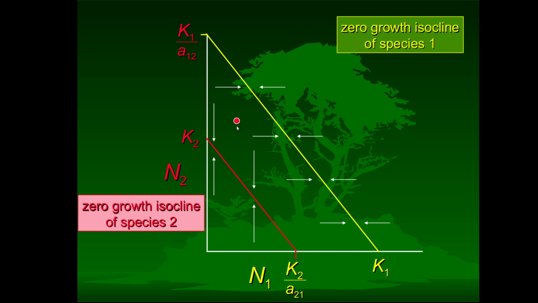Okay, so starting here, what happens? Species 2 declines and species 1 increases until we reach the equilibrium point, which means that species 1 is shutting out species 2.